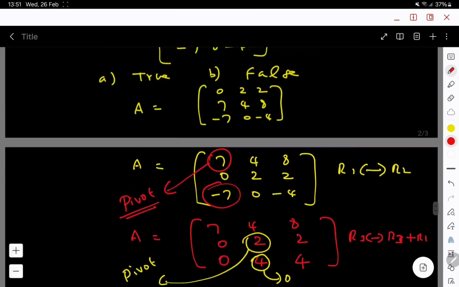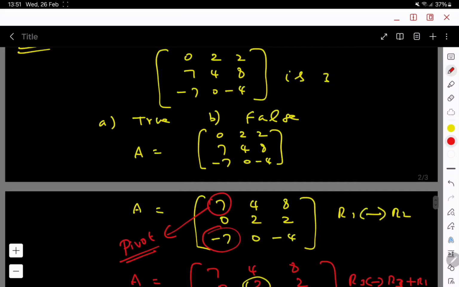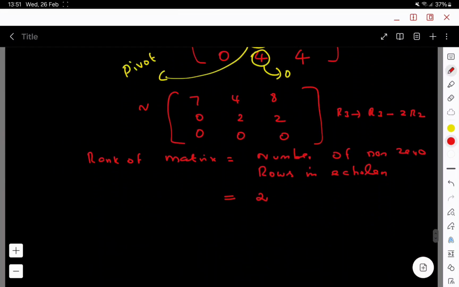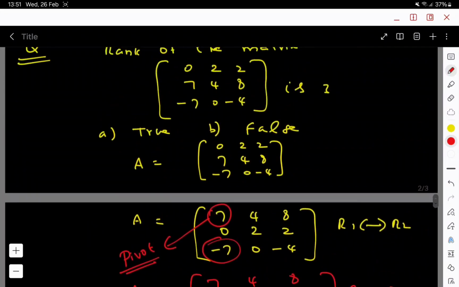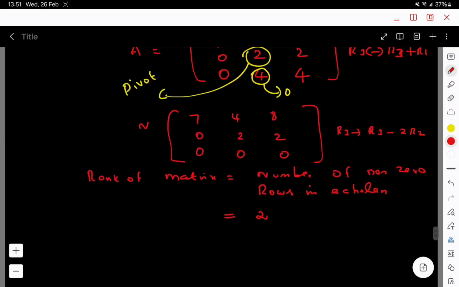So the answer is true. Sorry, false, because the given rank of the matrix is 3, so the answer is false. Okay, next question.